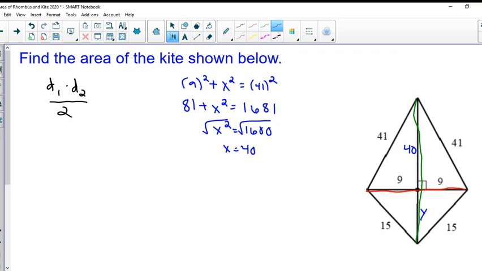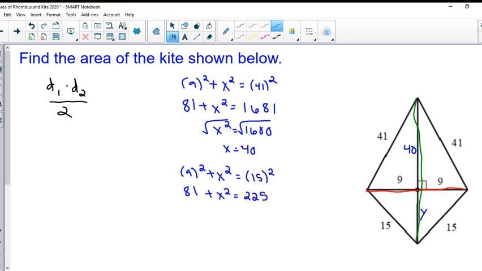Okay, now I'm going to repeat that process, but this time I'm going to find my y down here. Using this as my right triangle, I'm using 9 and 15, and then I'm going to use my y. So now I have 9 squared plus x squared equals 15 squared. A little simplifying, we get 81 plus x squared equals 225.